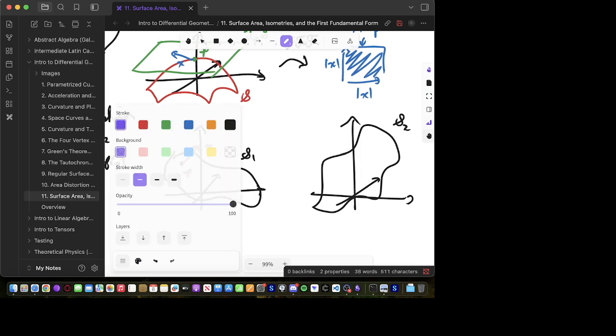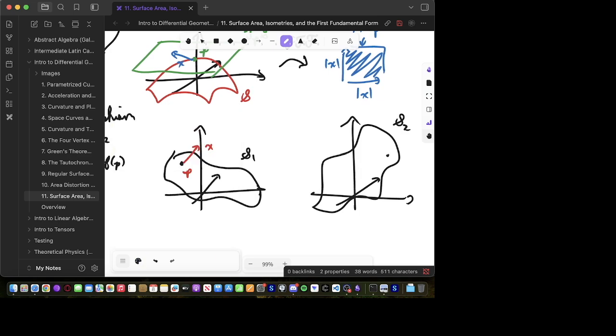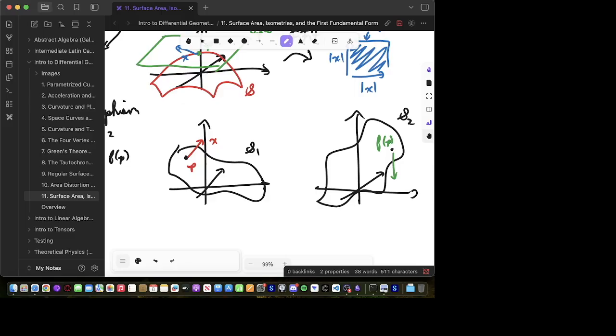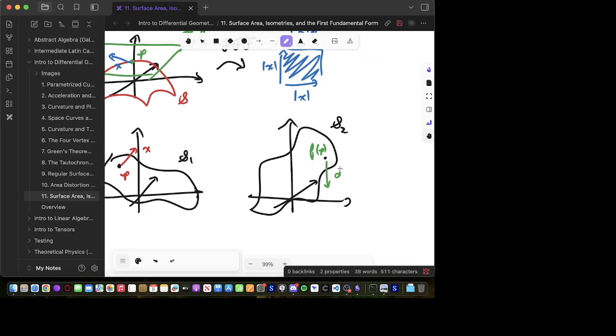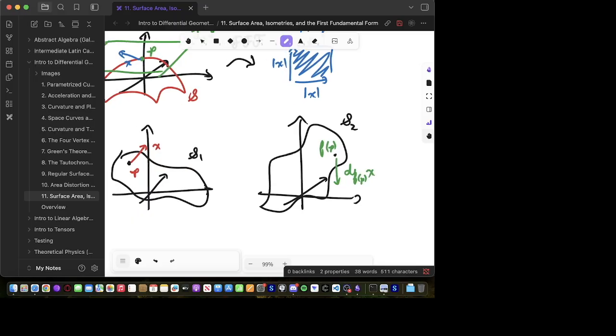Maybe it's mapped over here, and maybe x is mapped here, so this is F of P, and therefore this is dF_P of x.